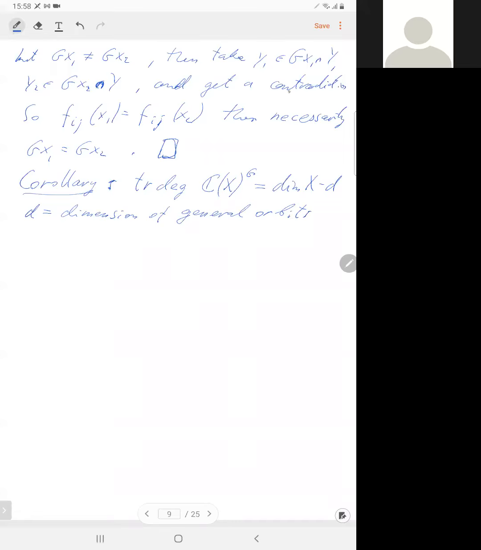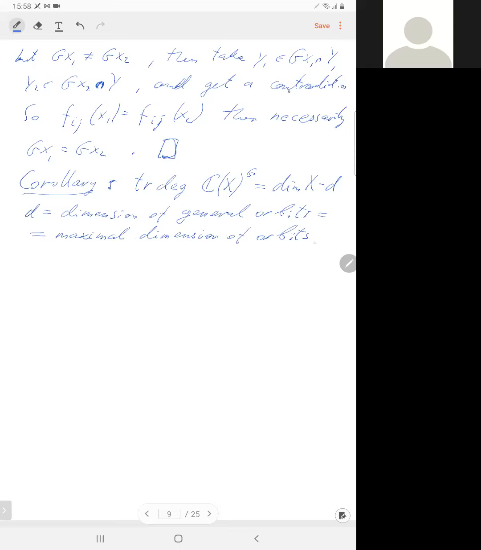Or I'm sorry, transcendence degree over what? Over complex numbers. Yeah, it's one of the definitions of dimension in the favorable cases.